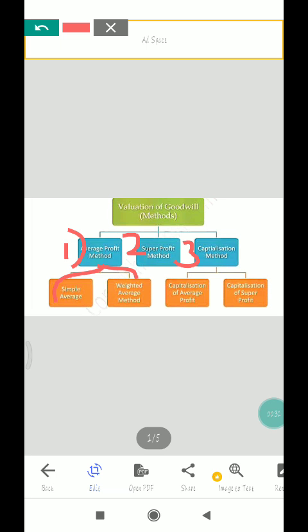The third method is the capitalization method. In this method, again there are two sub methods, that is, capitalization of average profit method and capitalization of super profit method. In this class, we will discuss the capitalization of average profit method.